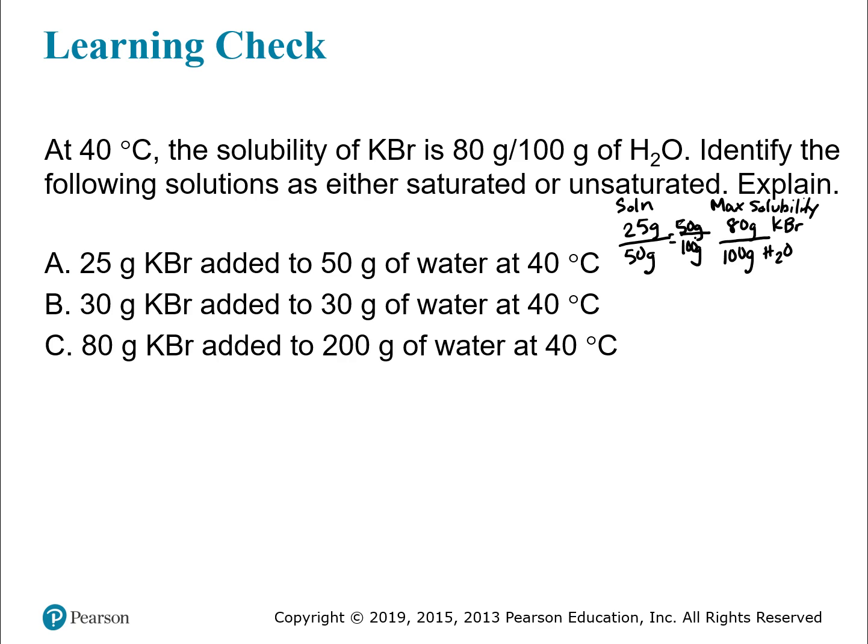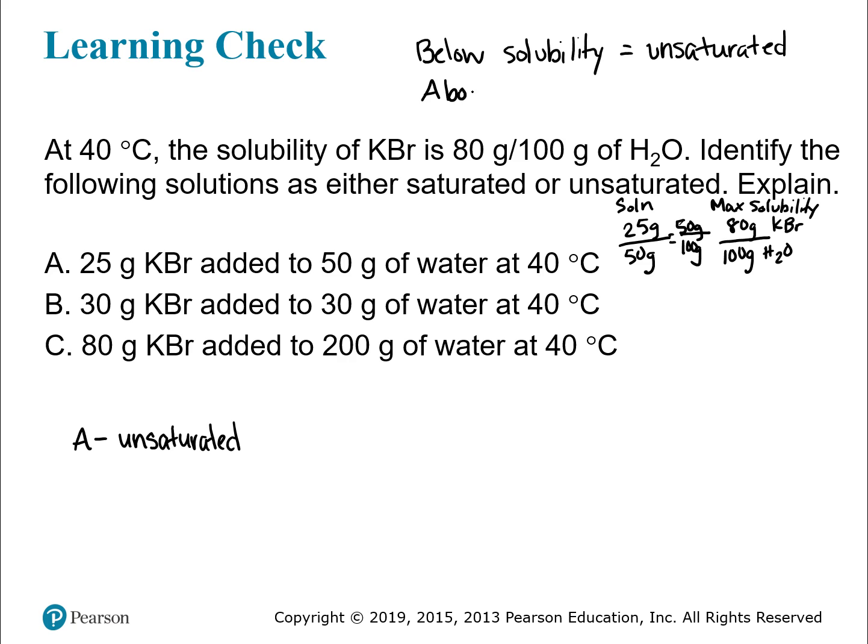If we're below the solubility, then that means that you are unsaturated. If you've dissolved more than 80 grams of potassium bromide for every 100 grams of water, then you're saturated.